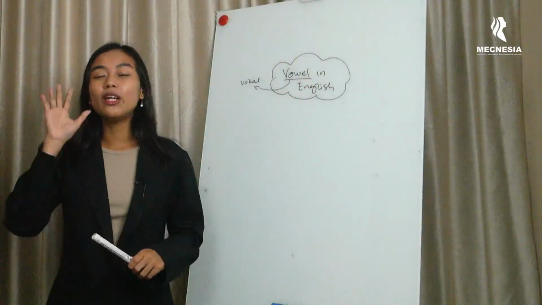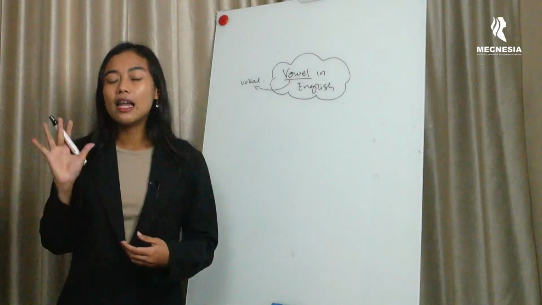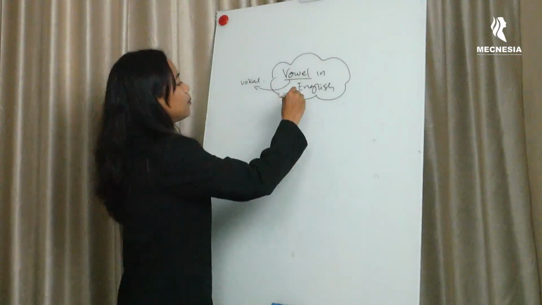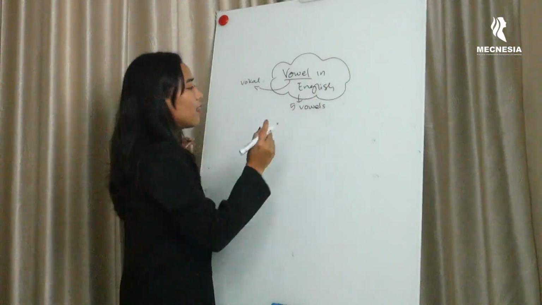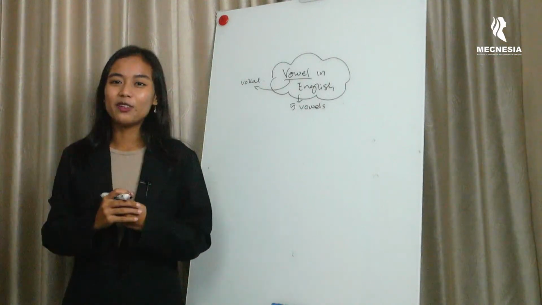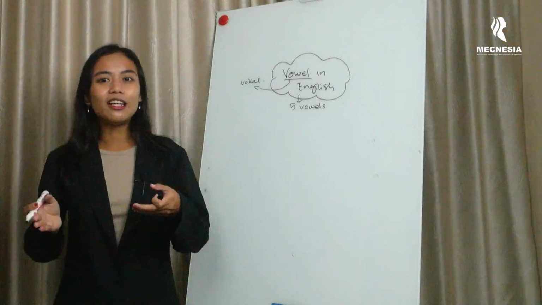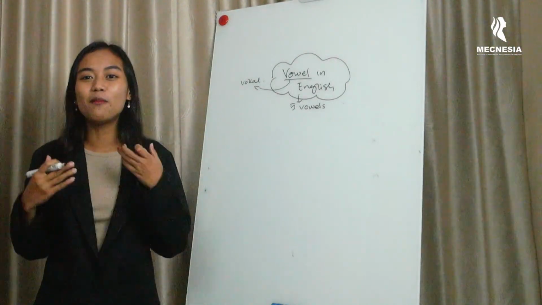In English, we have 5 vowels. Jadi dalam bahasa Inggris kita punya 5 vowel. What are they? Apa aja tuh mereka? Well, sama seperti di bahasa Indonesia, kita punya A, I, U, E, O, but let's pronounce it in English. Tapi sekarang mari kita coba baca dengan bahasa Inggris.